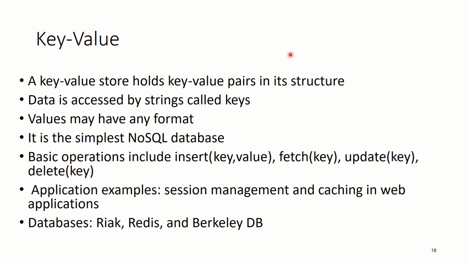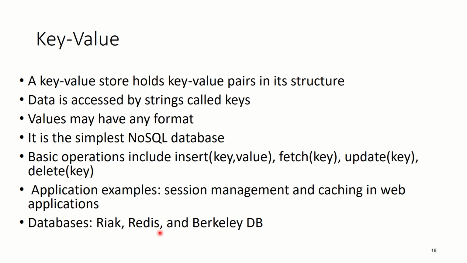The first one is the key value pair. As you all know, it's just key value pairs, and the data is accessed by strings called keys. So the keys have to be unique, right? The values could be of any format, and it's a simple NoSQL database. You can do basic operations like insertion, fetching, updation and deletion. The main applications are session management, caching, and web applications.